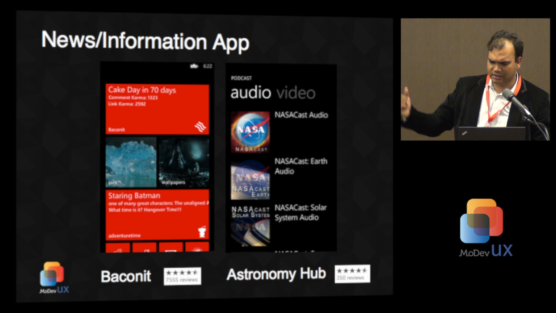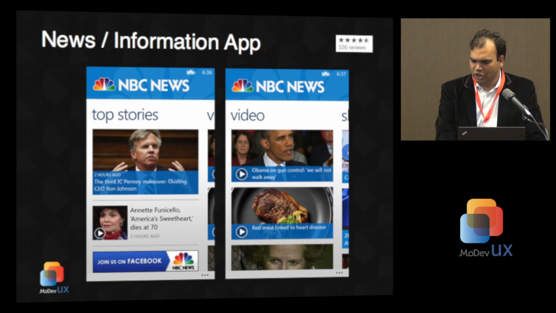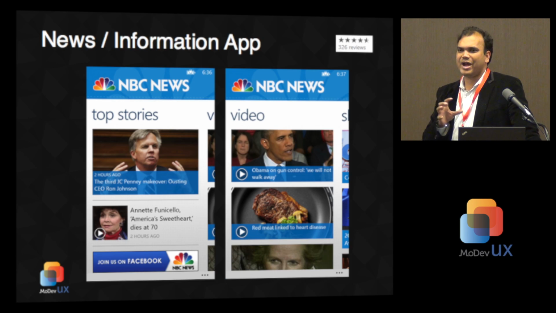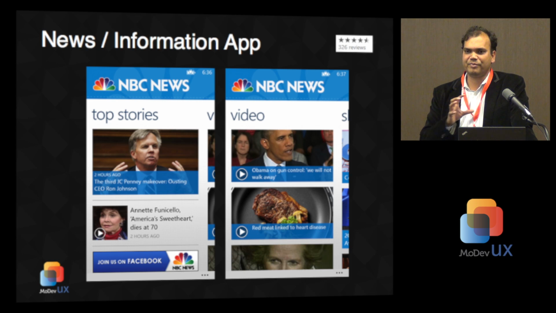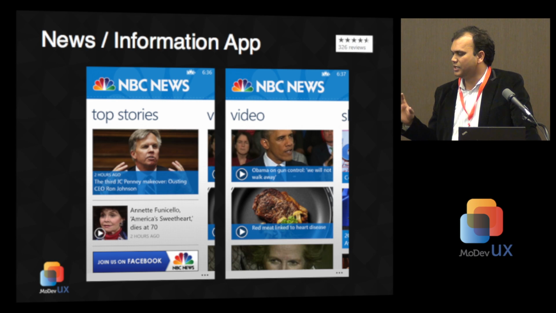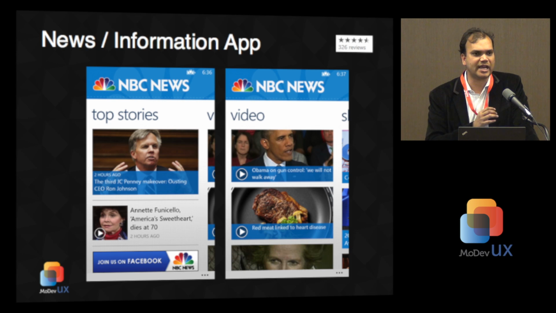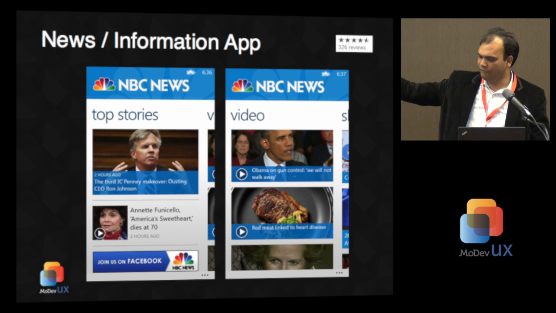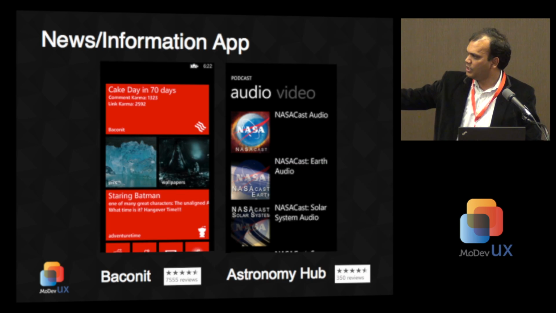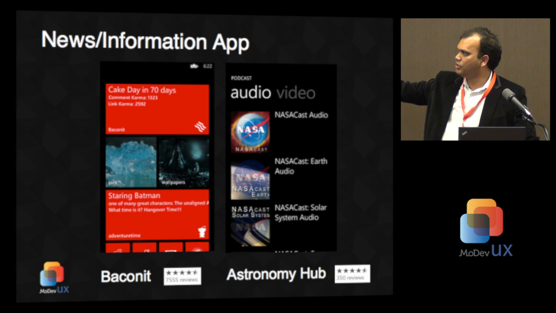If you just check these few news apps, you will see a unique pattern here. All of them use a panorama layout, which is unique to Windows, and all of them have this heterogeneous kind of data: news, pictures, videos, audio.